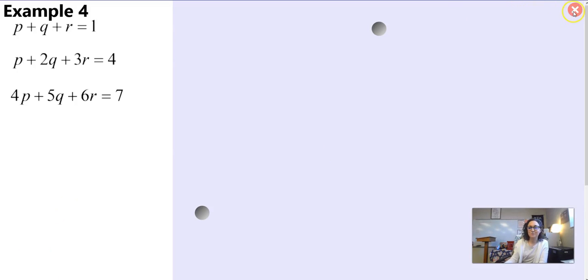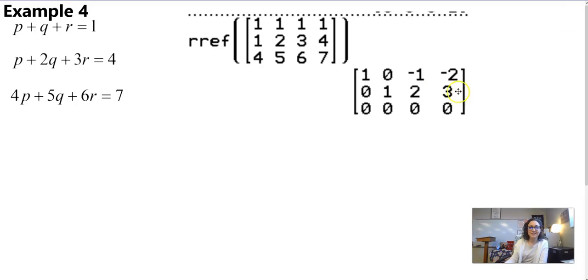Okay, so hopefully we got this. Now let's rewrite our matrix as equations, keeping in mind that our variables are now p, q, and r. Okay, so my first row is 1p plus 0q minus 1r equals -2.